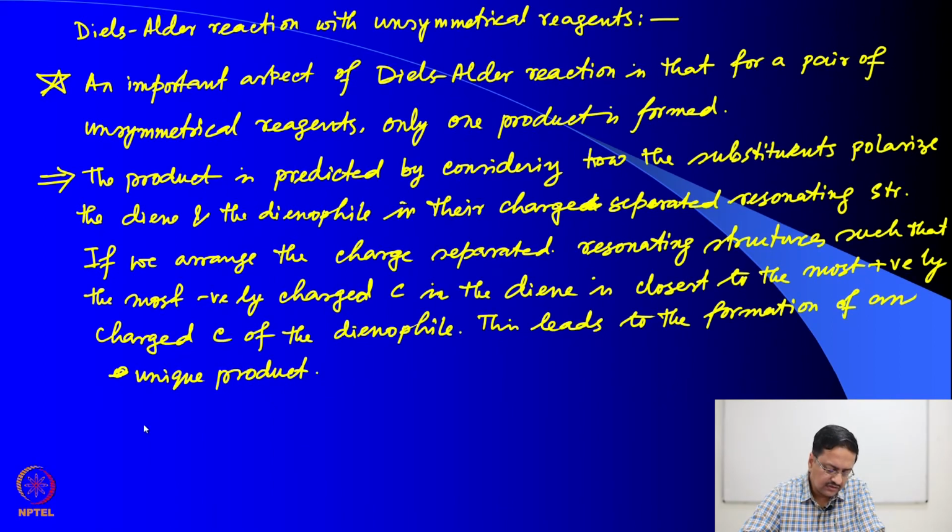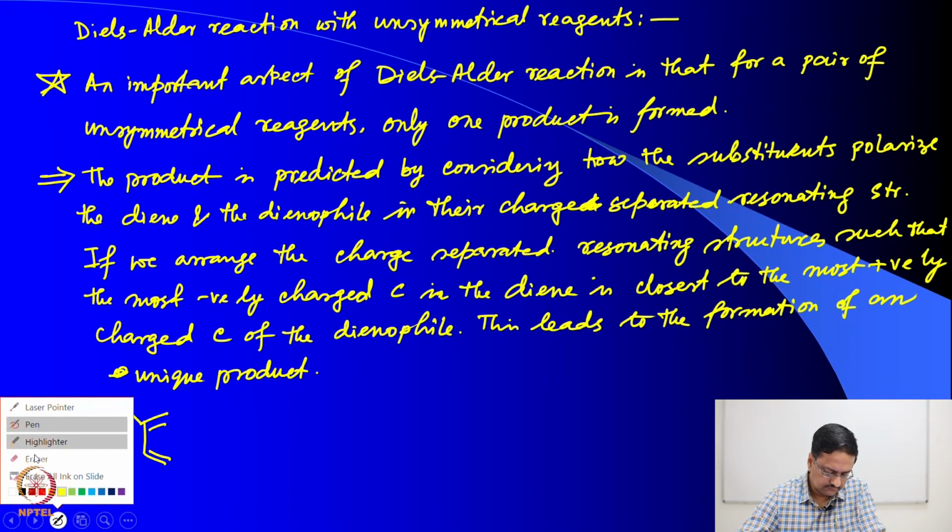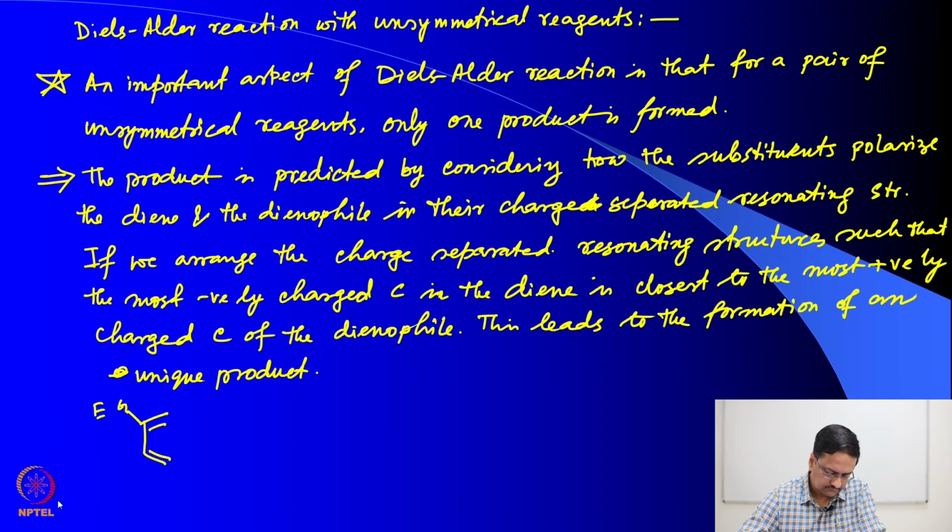So, if you have an electron donating group on the diene and an electron withdrawing group on the dienophile, and it makes these two compounds unsymmetrical.